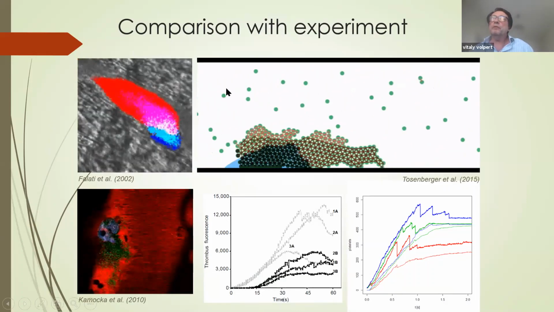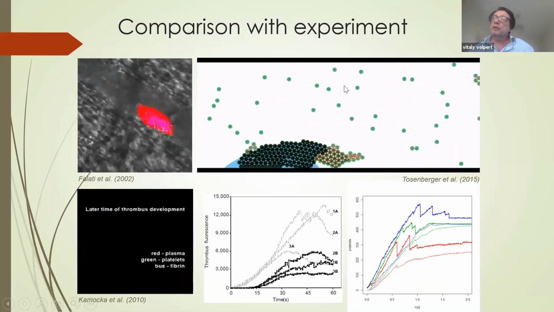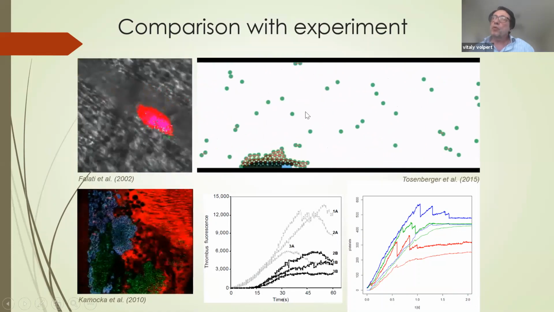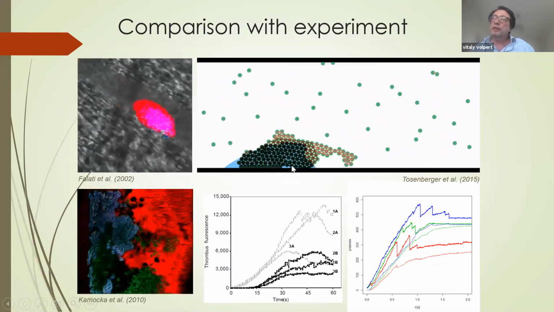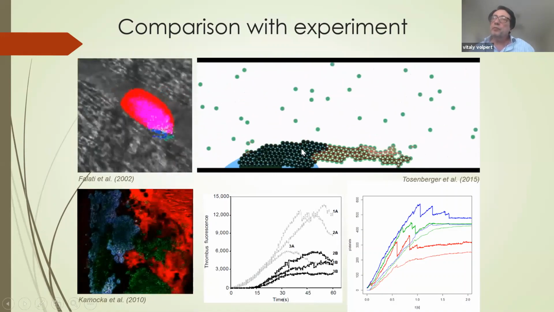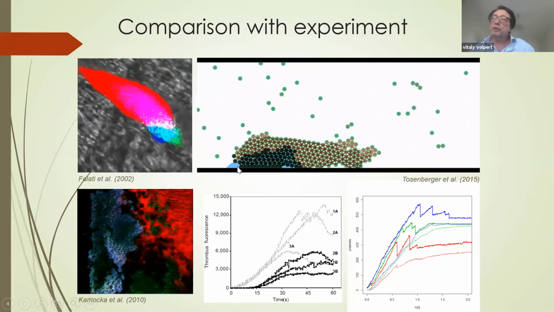So what I'm showing here in this right figure, the small circles are platelets. The platelets aggregate here at the bottom, at the injury site. At the same time, you see this blue area, this chemical concentration, which leads to production of this type of polymer.